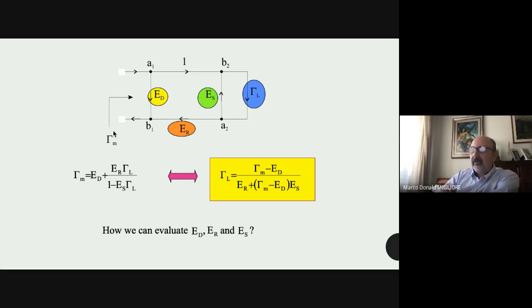Well, we have a relationship, so we can invert this relationship and we can estimate gamma L from gamma M. This is possible provided that we know ED, ER, and ES. And so the next step is how to evaluate these equivalent error parameters.